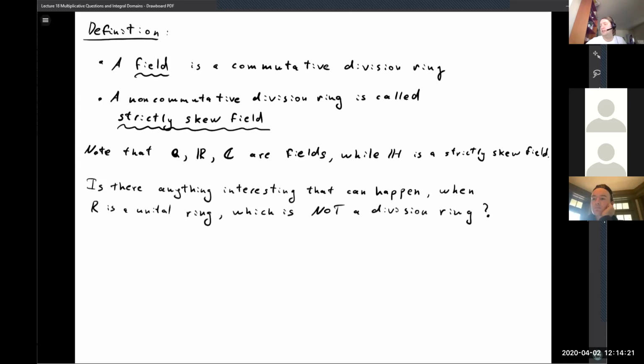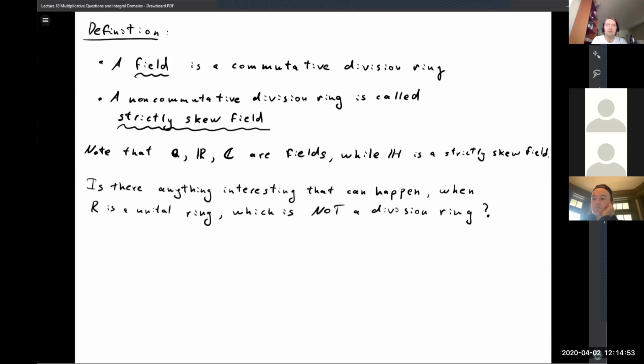And you see, our basic intuition comes with experience with rationals, real or complex numbers. The case when not every non-zero element has a multiplicative inverse might appear somewhat counterintuitive at first.